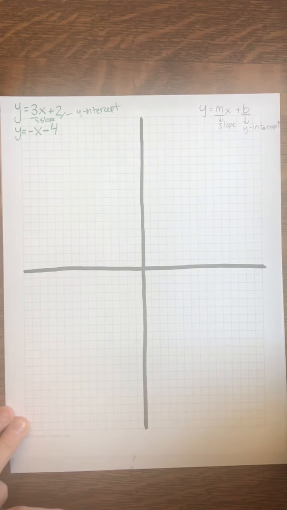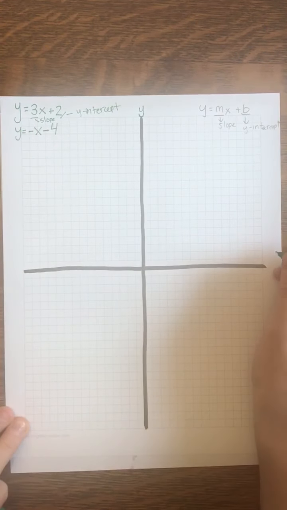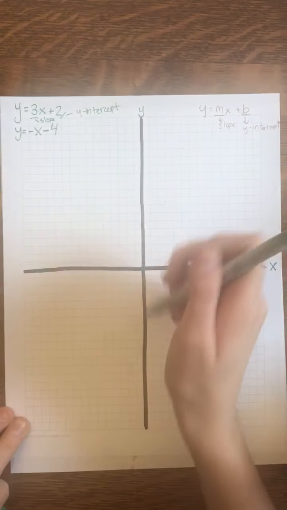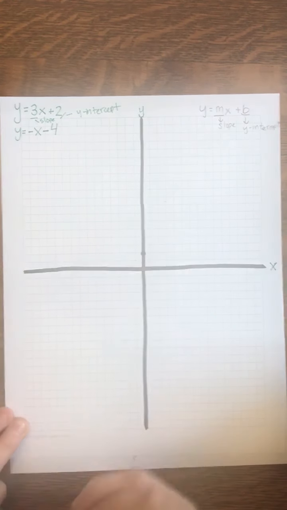Which one is the y-axis? The y-axis is the vertical axis. And the x-axis is the horizontal axis. So if the y-intercept is 2, it's the point where the line crosses the vertical axis. So I go 1, 2, and I'm going to put a big dot right there.